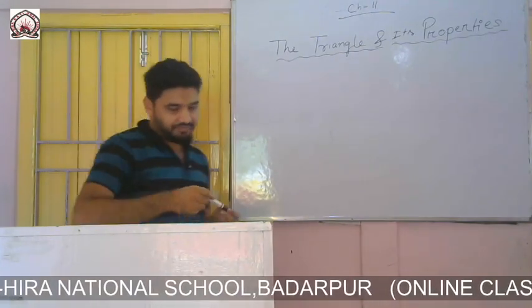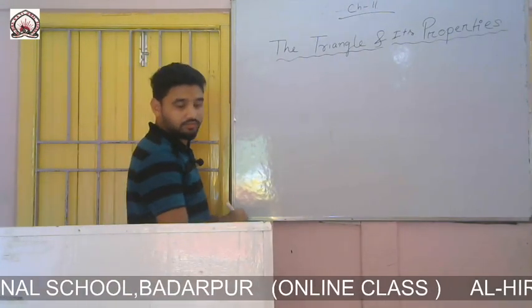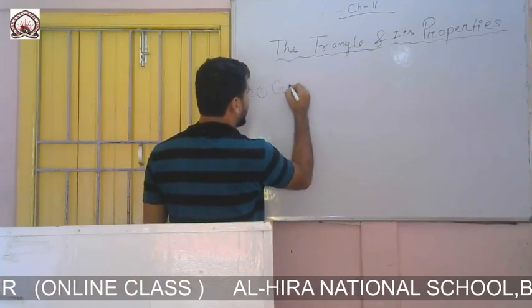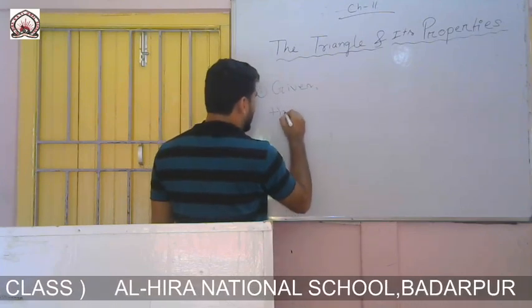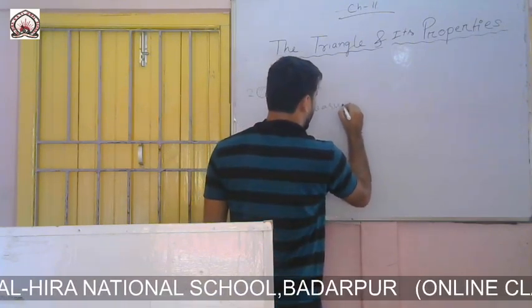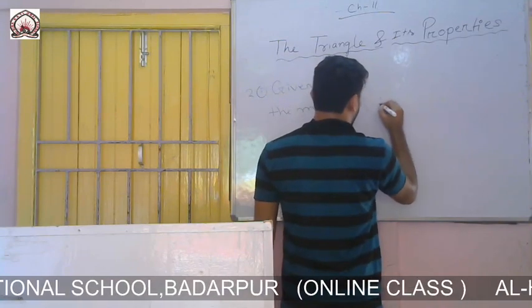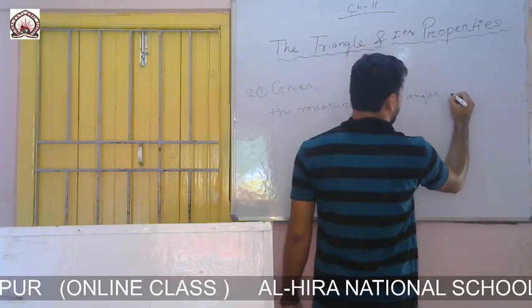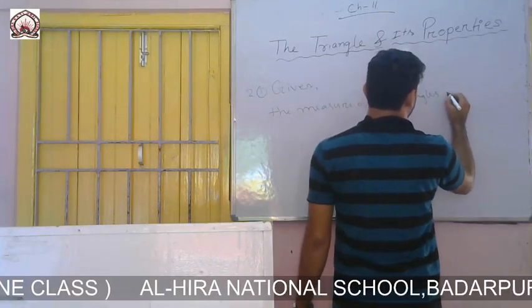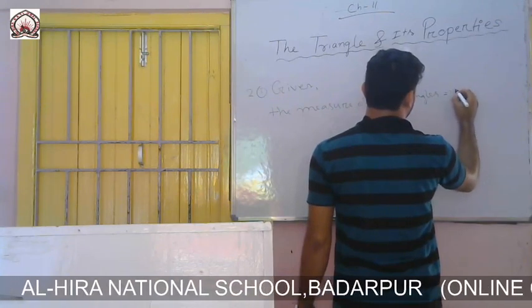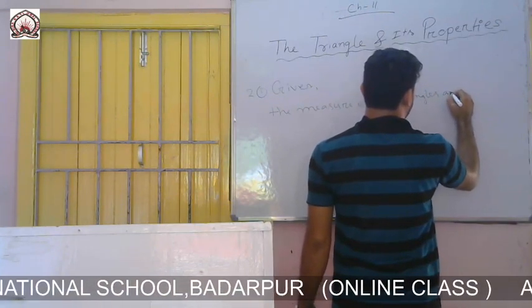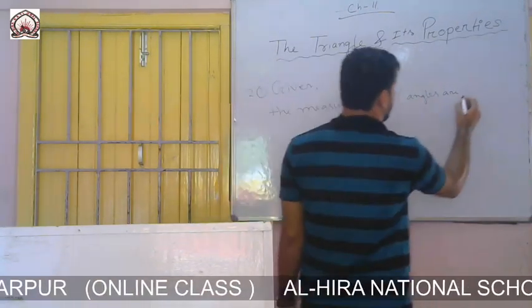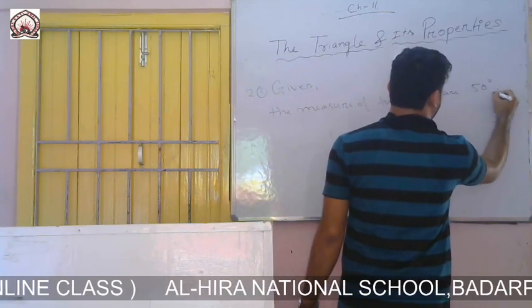You write given, the measure of two angles are 50 degree and 70 degree.